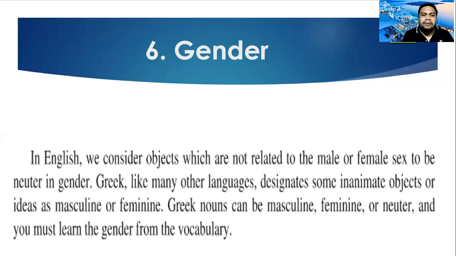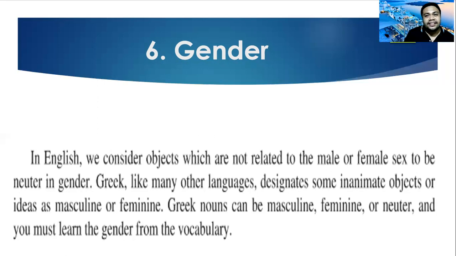So an object could be masculine or feminine depending upon its character. Greek nouns can be masculine, feminine or neuter, and you must learn the gender from the vocabulary. You don't base it upon the gender of a person per se, but it depends upon its form.